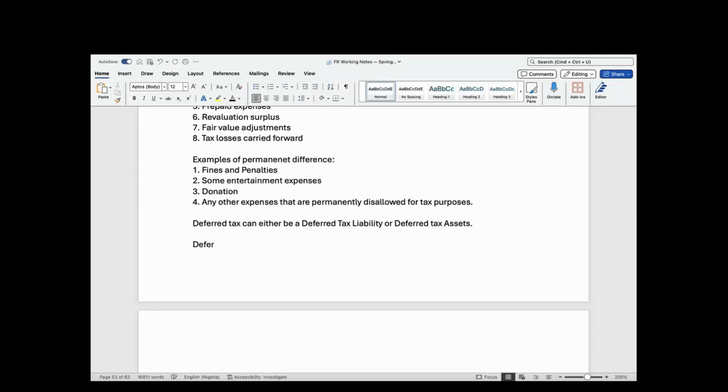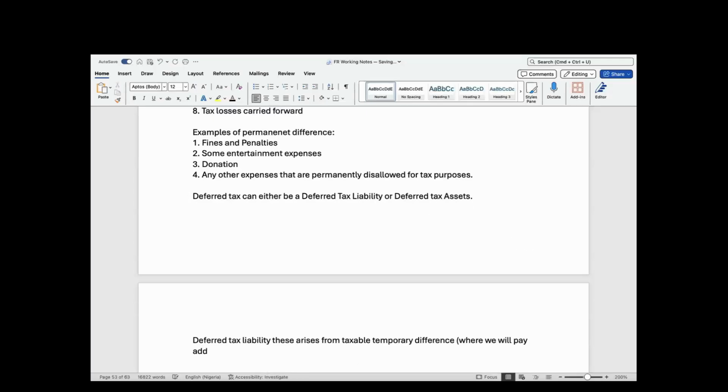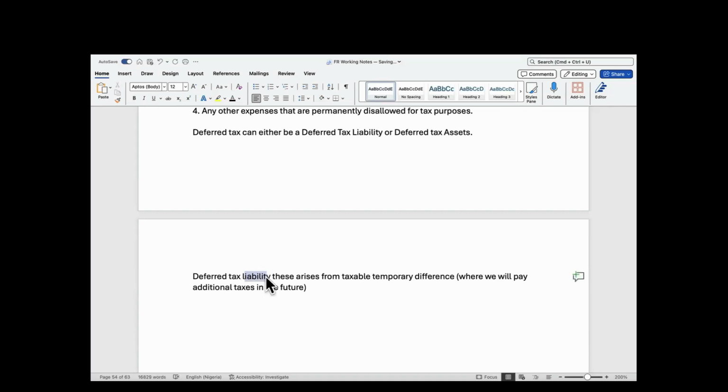And from the name, deferred tax liability arises from taxable temporary difference, where we will pay additional taxes in the future. So from the name liability, if a deferred tax results in a liability, it means that that temporary difference that I've been talking about is a taxable one where we will pay additional tax.